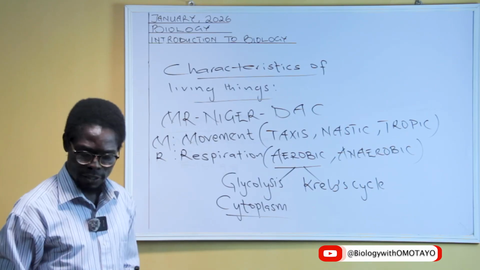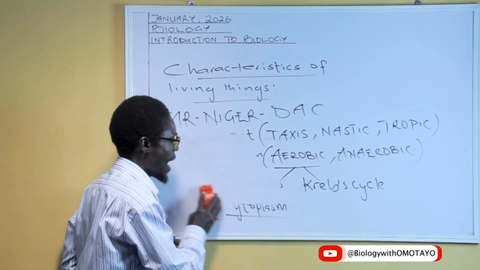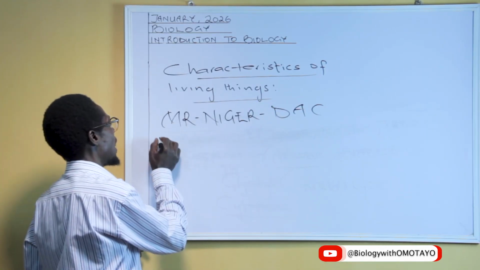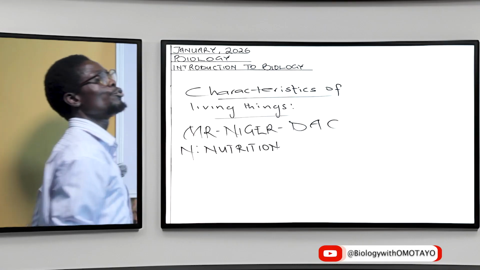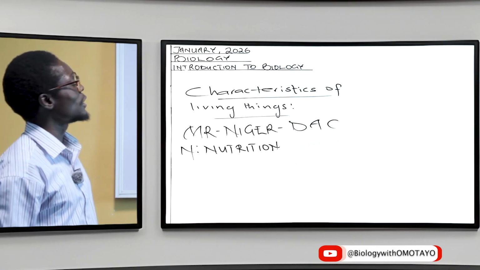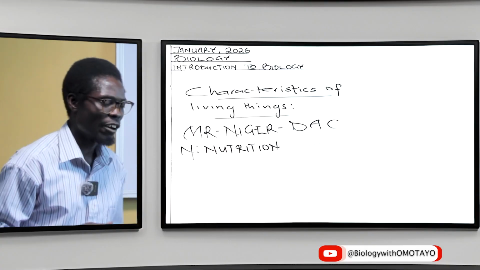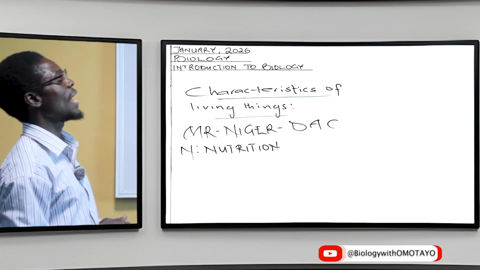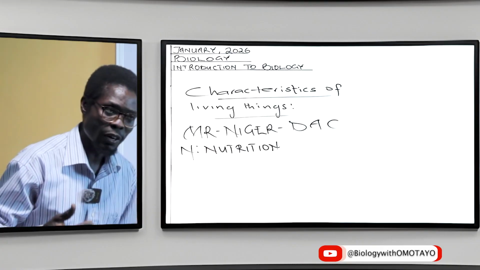So we'll make progress to the next letter, which is N. For our N, we have nutrition. Nutrition is simply the process of taking in enriched materials for derivation of energy, also for growth and development.